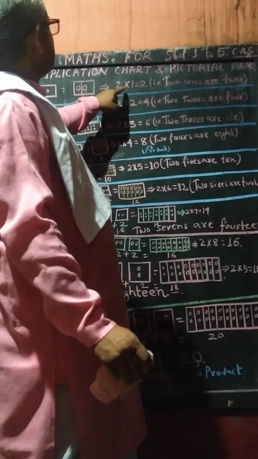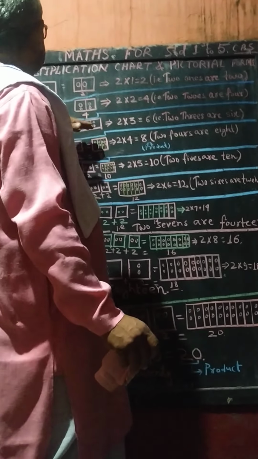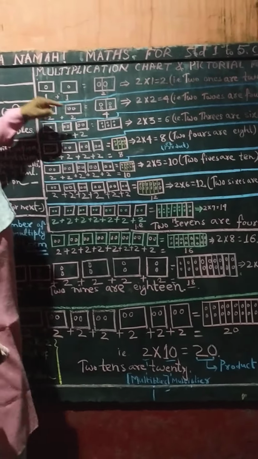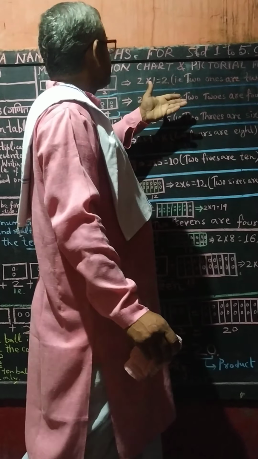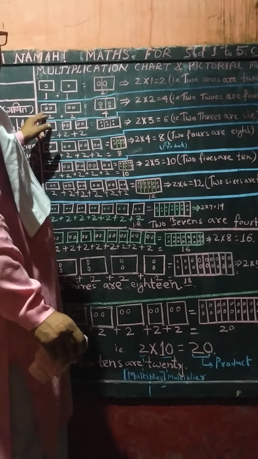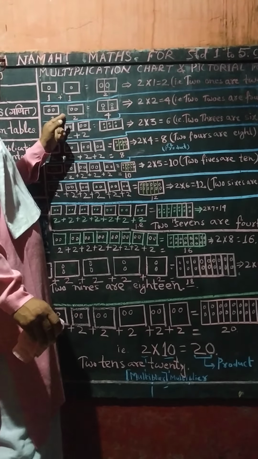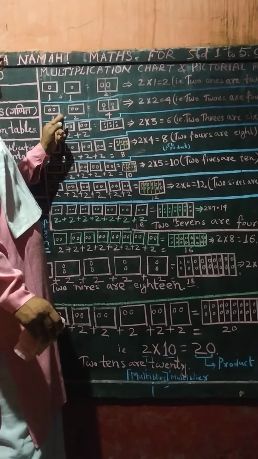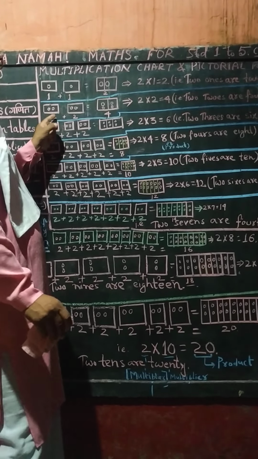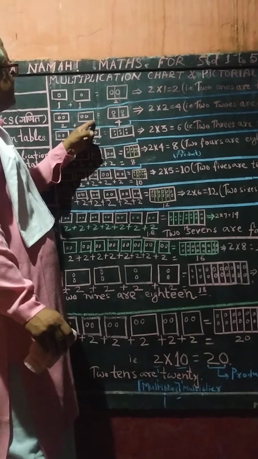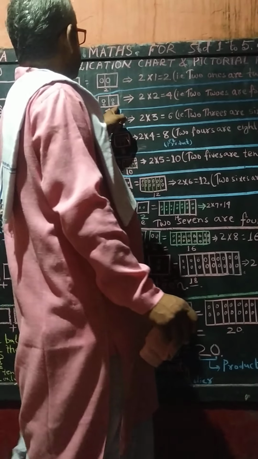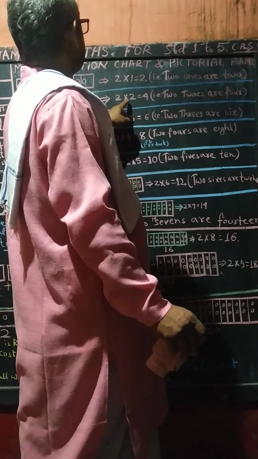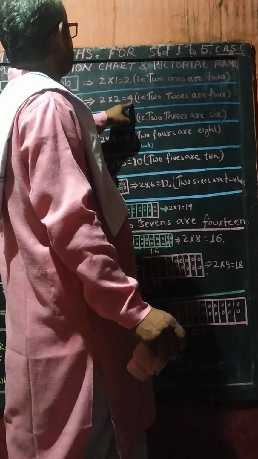In English it is read as 2 1 ja 2. In the same way, when we read 2 2 ja 4, it means 2 balls have been arranged in 2 separate boxes. 2 plus 2 is equal to 4, and in the shortest form, that is multiplication form, we write 2 into 2 is equal to 4.